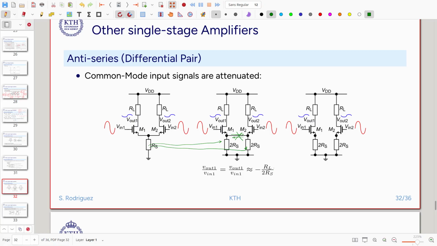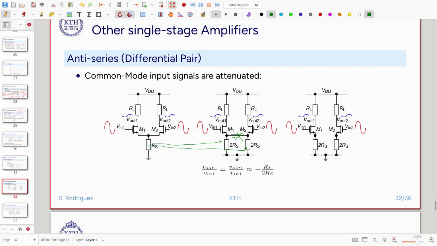And this already tells me that signals that arrive the same at both inputs, what we call common mode signals, are attenuated by the series resistance that we have here.